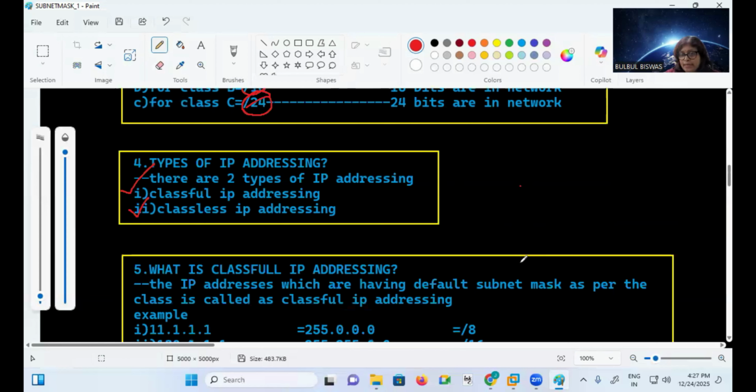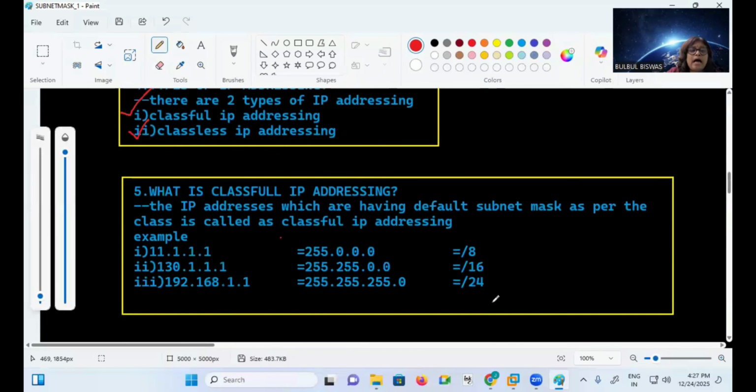Remember, my dear, any IP address which is coming under the default class, that type of IP address is called classful IP addressing. Am I clear? The IP addresses which have the default subnet mask as per the class. It is very important. I'll tell you later why. Called classful IP addressing.